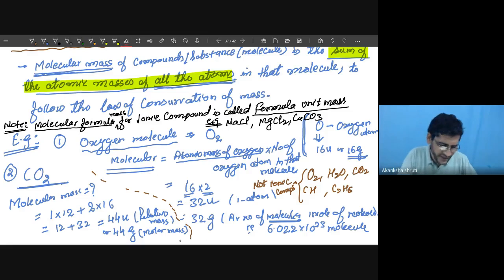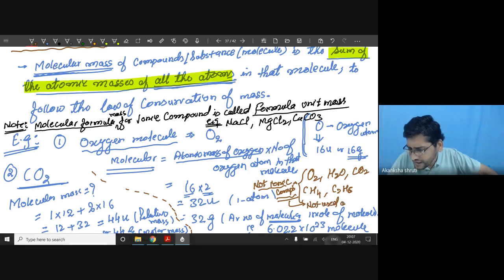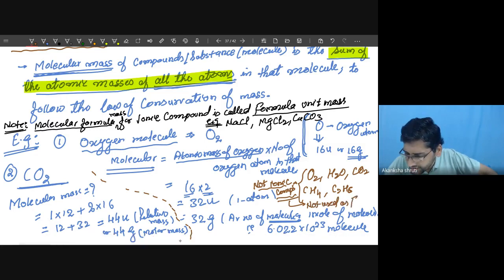Because carbon has valency 4, we write this as CH4. So here valency is also satisfied, but these are not ionic compounds. Therefore, formula mass or formula unit mass is not used for these.